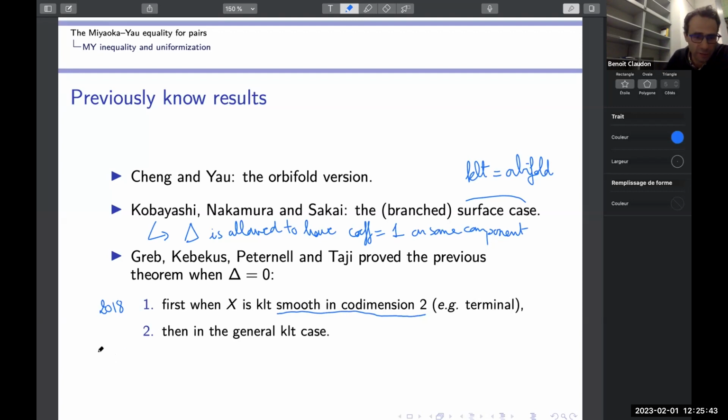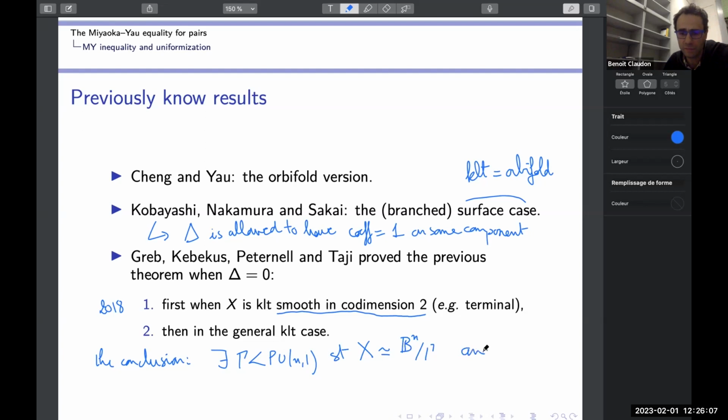But in that case, you see that the conclusion can be written like that. There exists a gamma lattice in PU(n,1), such that X, of course, is the ball Bn modded by gamma, and gamma acts freely in codimension 2 in case 1, so you don't want singularities in codimension 2.